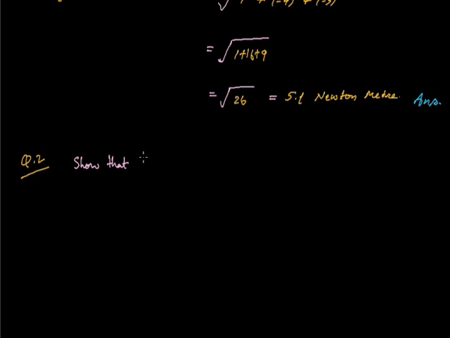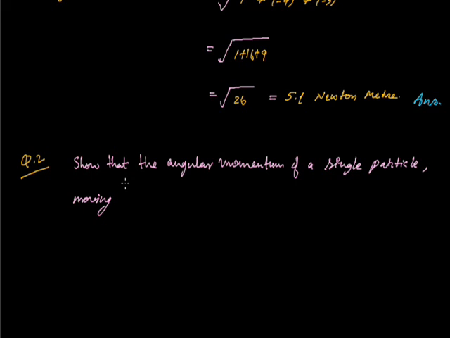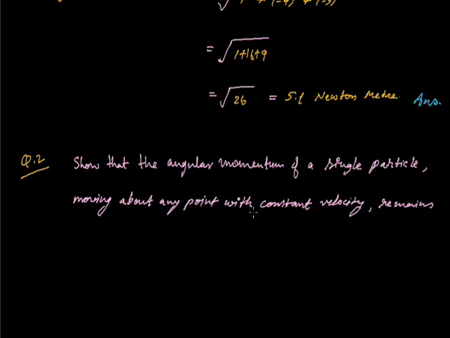Show that the angular momentum of a single particle moving about any point with constant velocity remains constant throughout its motion.